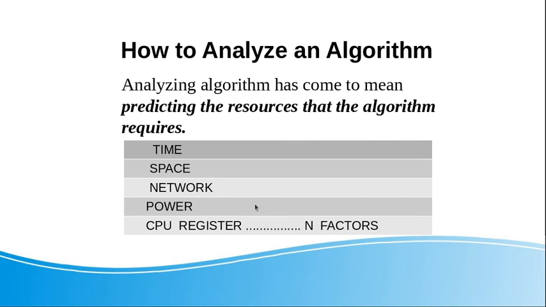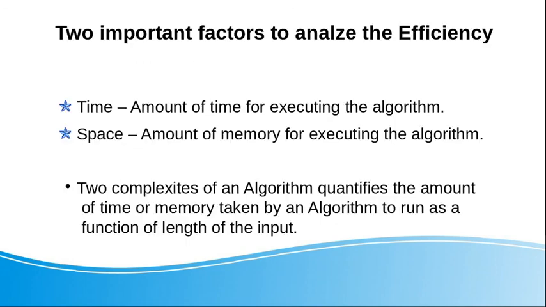And CPU registers. CPU registers, in the sense that some programs require many registers, which can make the algorithm even faster. And there are n factors to execute or analyze an algorithm. But the important factors to analyze the efficiency of the algorithm are time and space. Why?